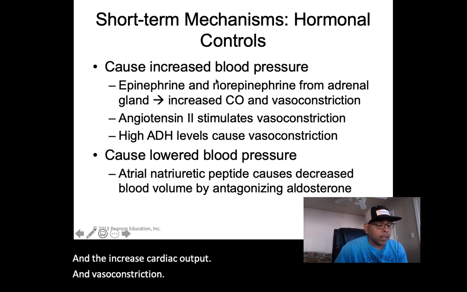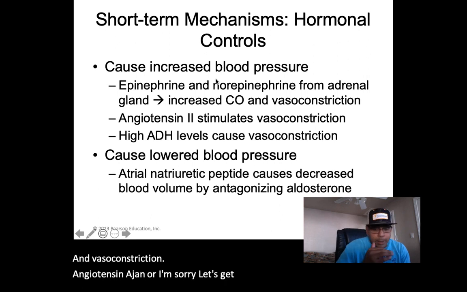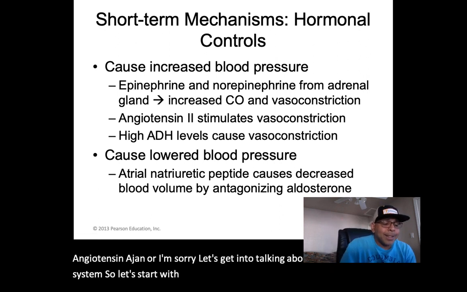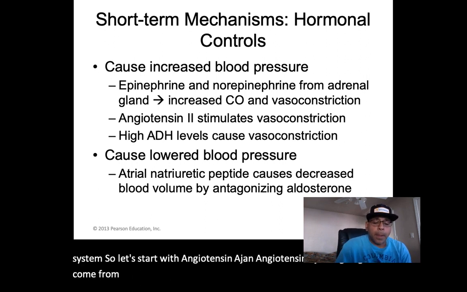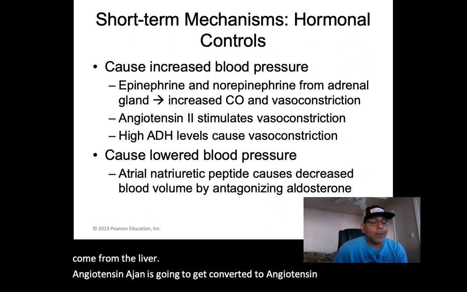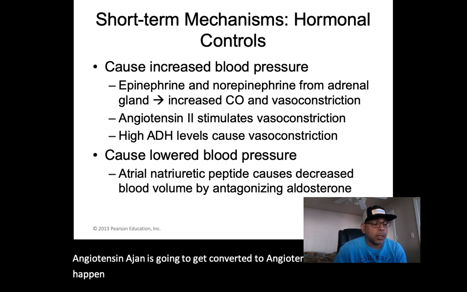Angiotensinogen, let's get into talking about this whole RAAS system. So let's start with angiotensinogen. Angiotensinogen is going to come from the liver. Angiotensinogen is going to get converted to angiotensin 1, and that'll happen if blood pressure is low or blood volume is low.